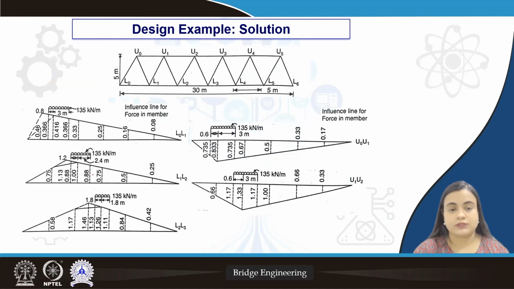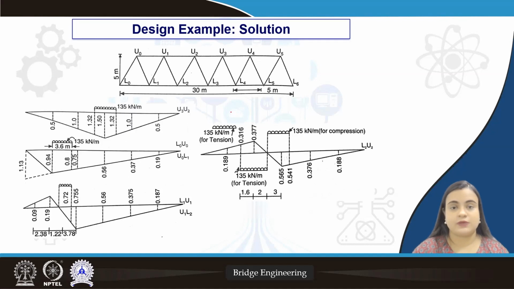We can see that's how the influence line diagram of the members L0 L1, L1 L2, L2 L3, U0 U1, U1 U2, and subsequently U3 U2, L0 U0, U0 L1, L1 U1, U1 L2 and L2 U2 are drawn. The name of the members are shown in this diagram. You can try to draw the influence line diagram for this loading on your own by referring to the last lecture.